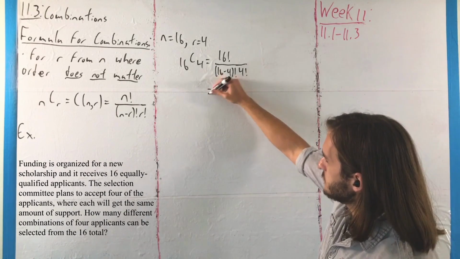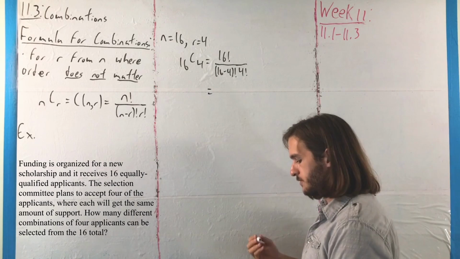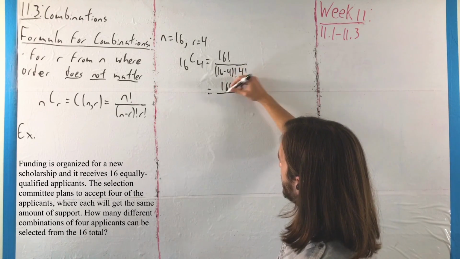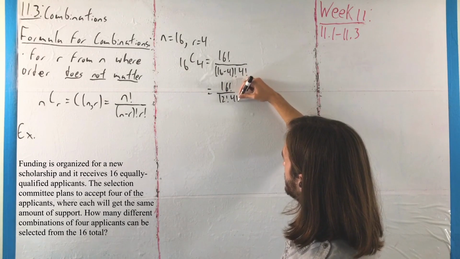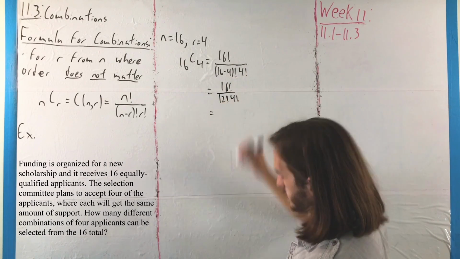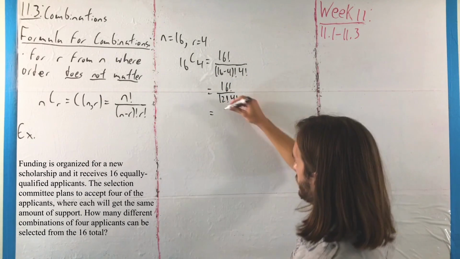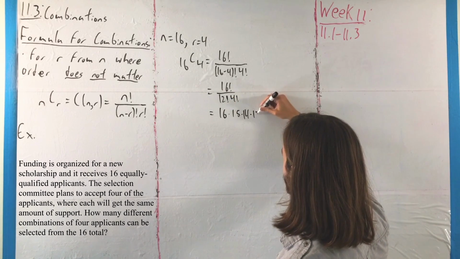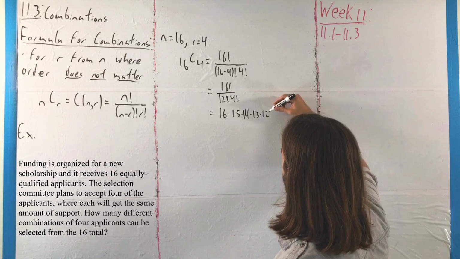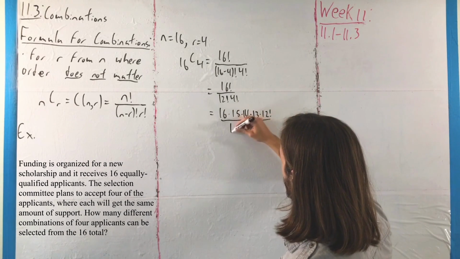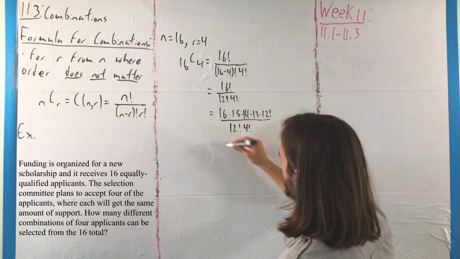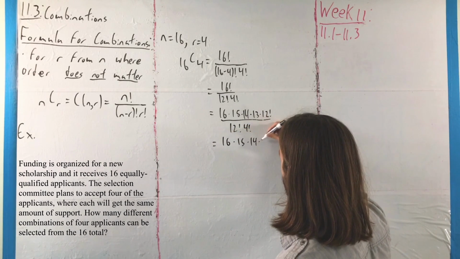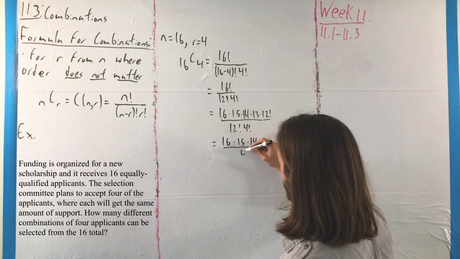So, from there, we can just go through carefully and deal with how these things shake out. We have 16 factorial over 12 factorial times 4 factorial, which is going to end up simplifying down to 16 times 15 times 14 times 13 times 12 factorial, all over 12 factorial times 4 factorial, which means that we really have 16 times 15 times 14 times 13 over 4 factorial.